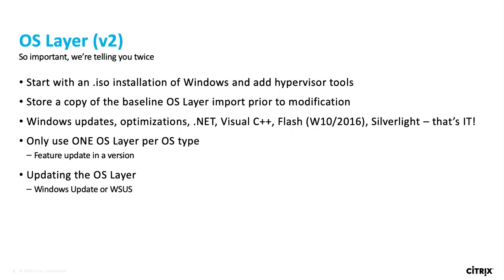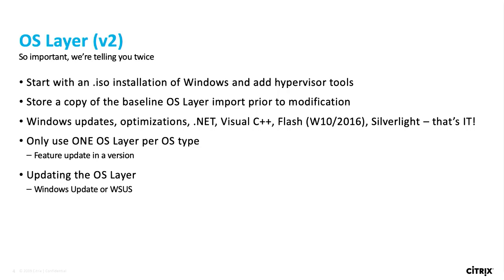The key piece here: start with an ISO installation of Windows, add in your hypervisor tools, and capture that as your base OS layer. Store a copy of this forever. Never delete it. If you come away from this session with one thing, it should be that, because that gives you a clean copy that you can always shift back to if you run into challenges with your OS layer down the road, without having to rebuild a bunch of layers.